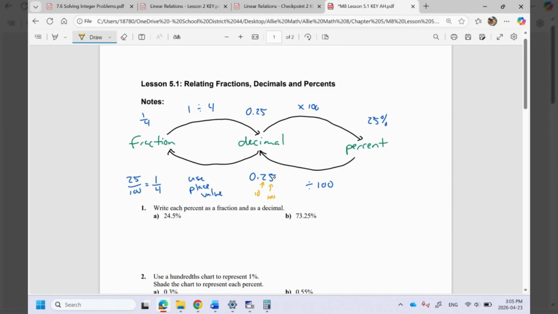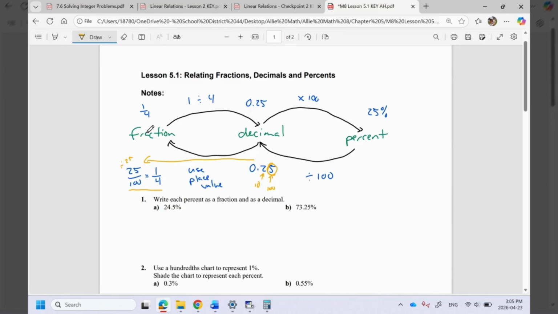We look at where our last decimal is, so this becomes 25 over 100, because that 5 is in the hundredths spot. Then we can reduce this fraction: if we divide top and bottom by 25, we get 1 over 4, which is our original fraction.